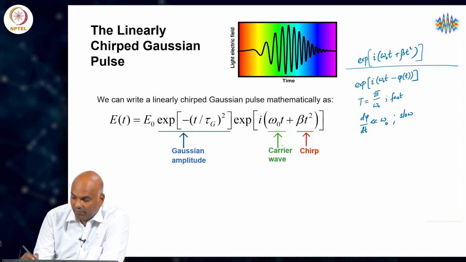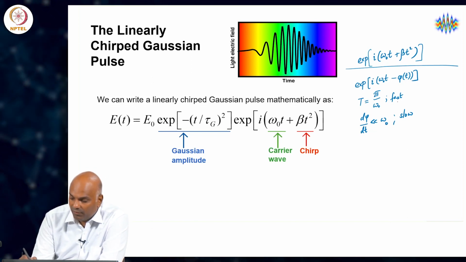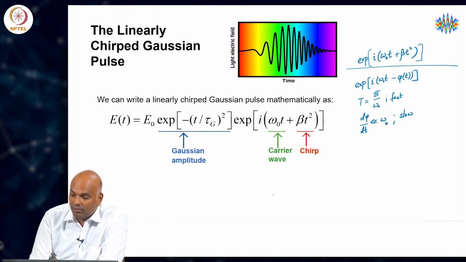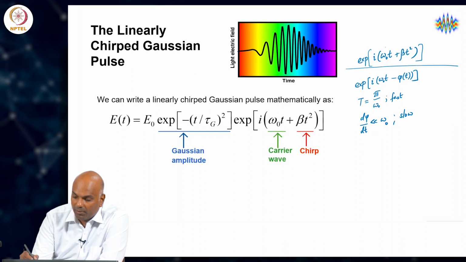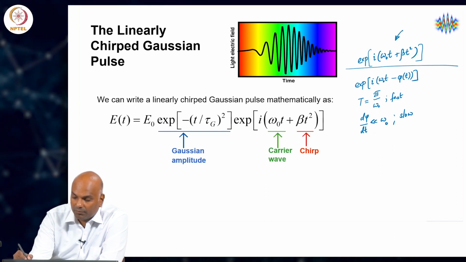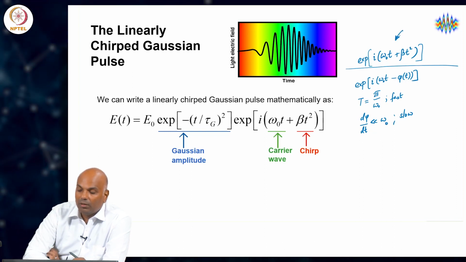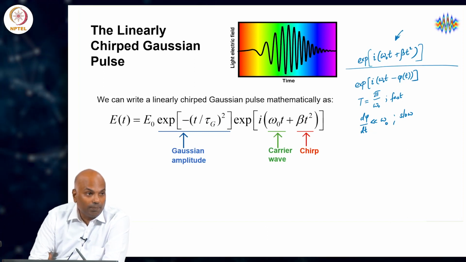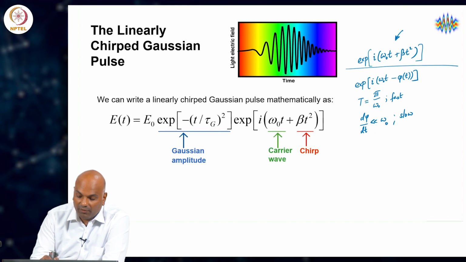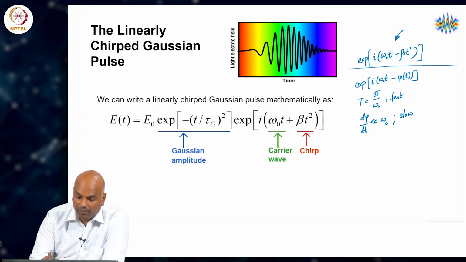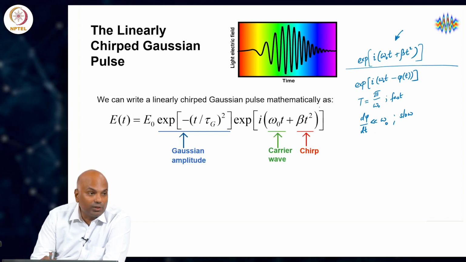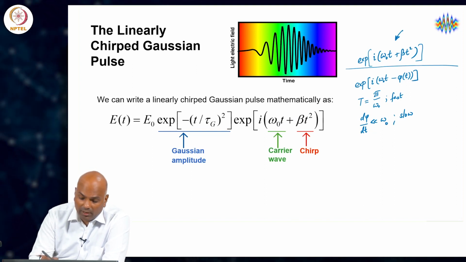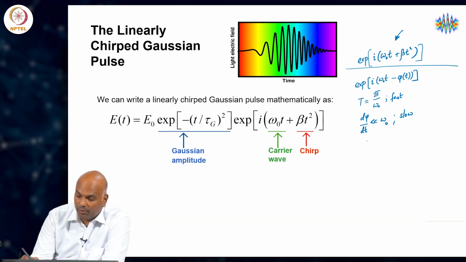In that we have not considered the first order term of phi of t in writing this, which is the phi 1 term; it does not seem to appear in the expression for a linearly chirped Gaussian pulse. If you note that, I should have had an alpha omega naught t plus alpha t plus beta t square. Alpha t is actually redundant because it gets subsumed by omega naught.